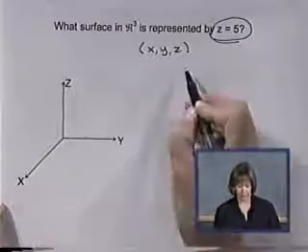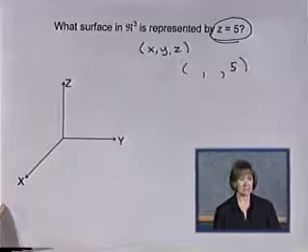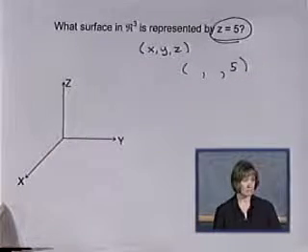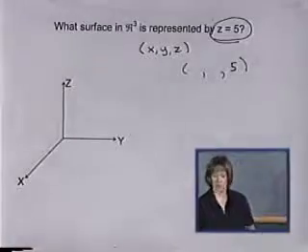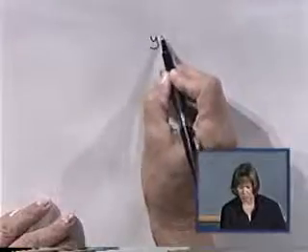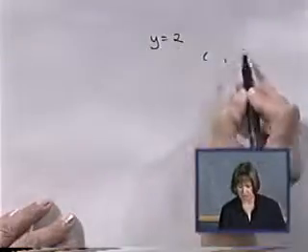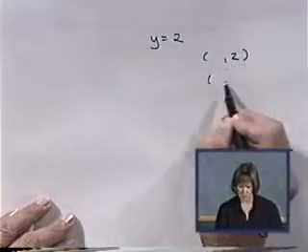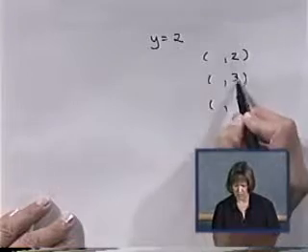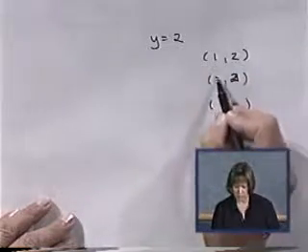Well, now if you think about it, the x coordinate could be anything, but the z coordinate has to be 5. All right, now if you're struggling with that, let's go back to our Algebra 2 days. If I was wanting to draw y equals 2, just in two-dimensional space, you could say, well, gee, the y-coordinate's got to be 2, but the x-coordinate could be anything.